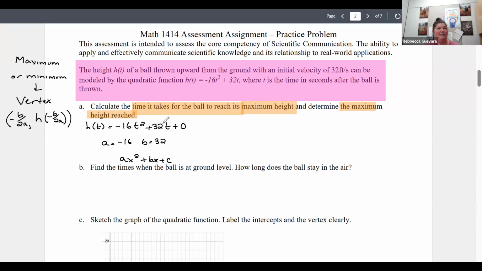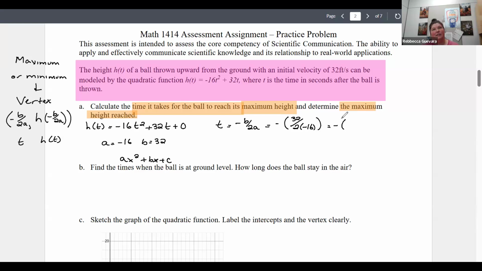So when I look for my vertex, remember, we used to call this h and k. So the time part of that, because we're using time and h of time, we don't have x and y here, we have variables t and h of t. So the time is just going to be the negative b over 2a, or in this case, the negative b is 32 divided by 2 times a, which is negative 16.